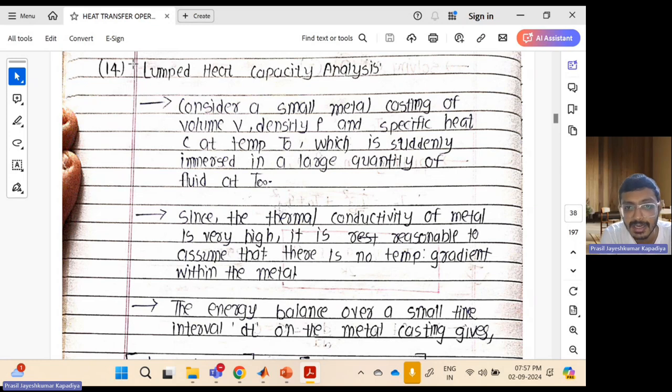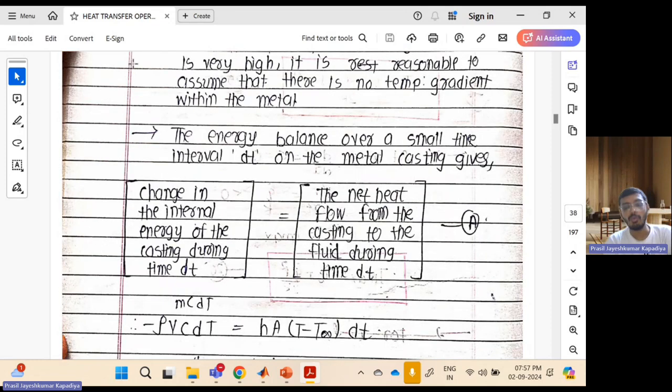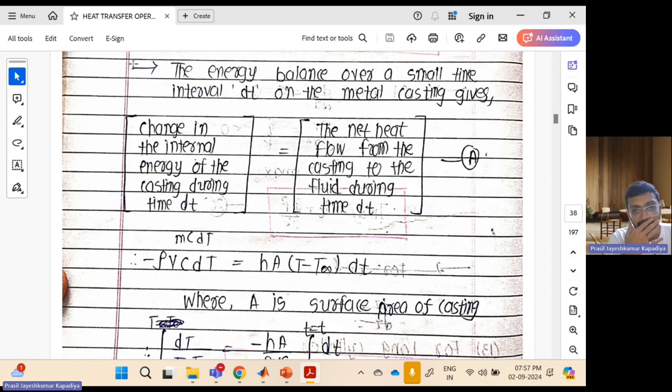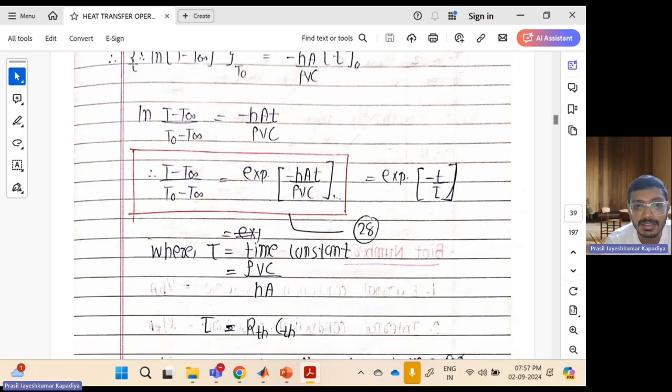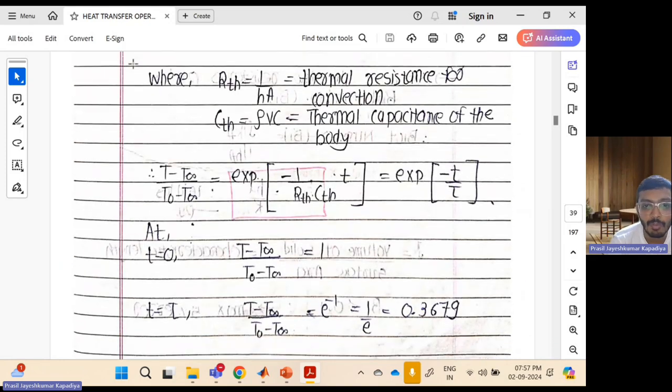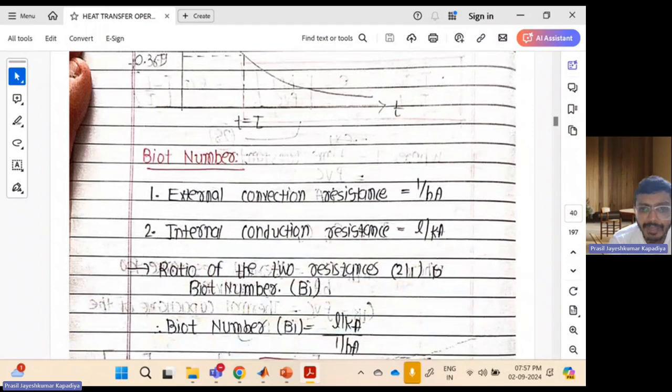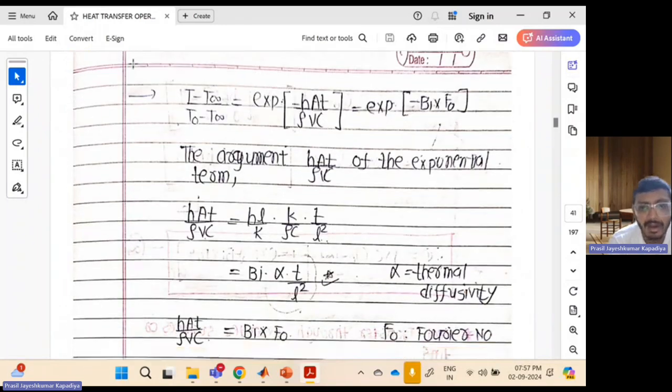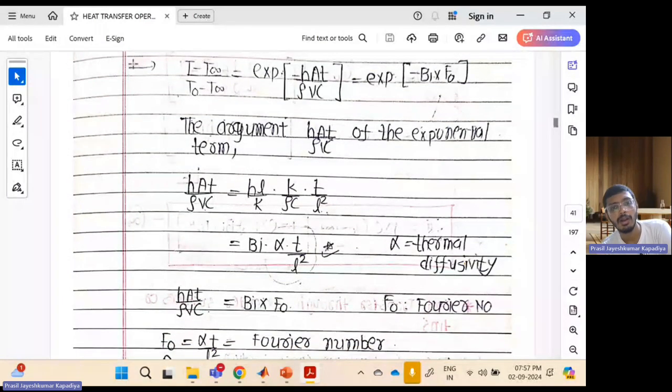So it is considered uniform within the metal. The energy balance over a small interval dt: minus m c_p dT is equal to hA (T minus T infinity). When we solve this, we get (T minus T infinity) divided by (T naught minus T infinity) equal to minus hAt divided by rho V c. That is nothing but Biot number into Fourier number.